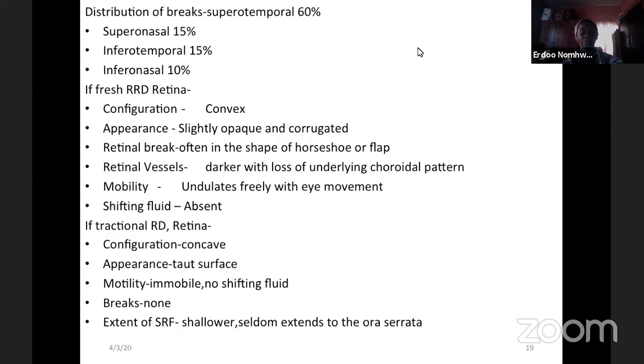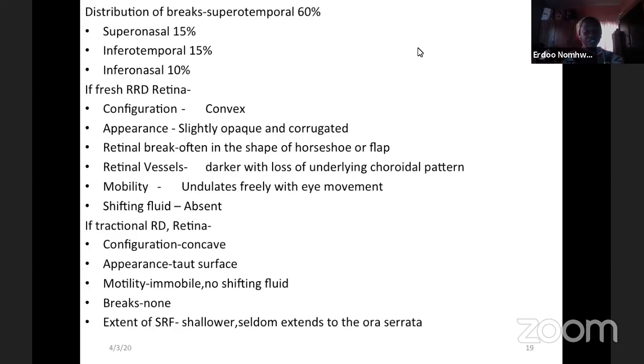And because of the pull of the neurosensory retina from the RPE, it appears slightly raised. And so it's opaque and corrugated. I may see a retinal break, and usually the horseshoe or flap tear is the one that is guilty most times. And the retinal vessels appear darker because there's loss of the underlying choroid. The distance between the two has pushed it away, so it appears darker. And then it will undulate freely with eye movement, and there won't be any shifting fluid.